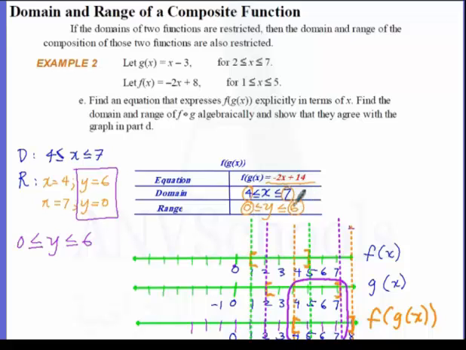Okay, to summarize this, to get the equation, first you have to substitute g of x into our f of x, and our g of x is equal to x minus 3. We plug it in to our f of x, and we get negative 2x plus 13. Now to get the domain, which is very, very important, we have to consider the domain for our g of x, because this is what is being contained in the f of x.